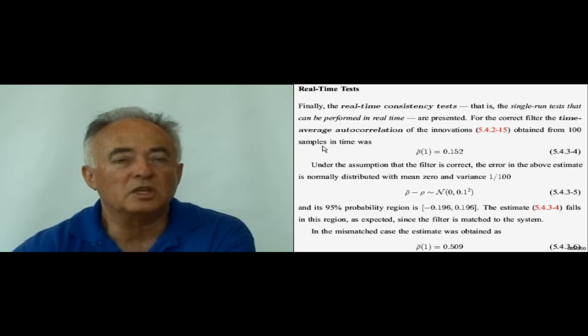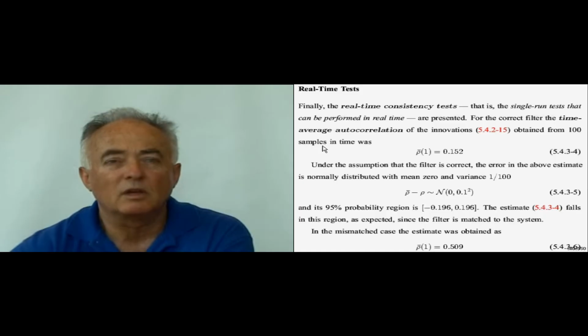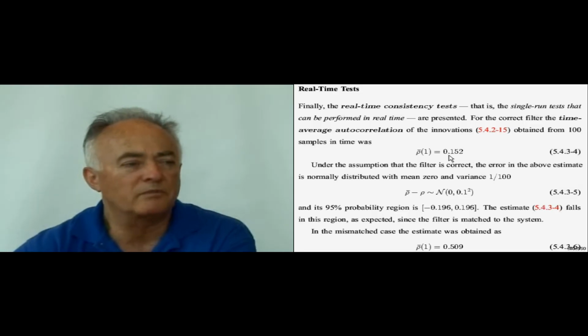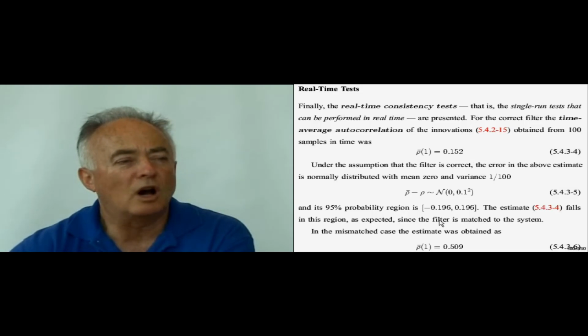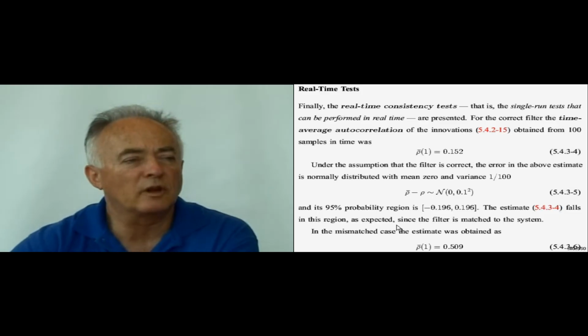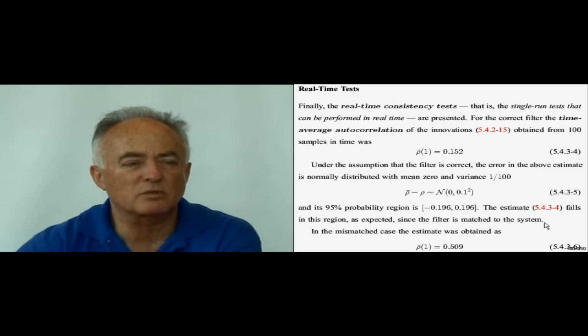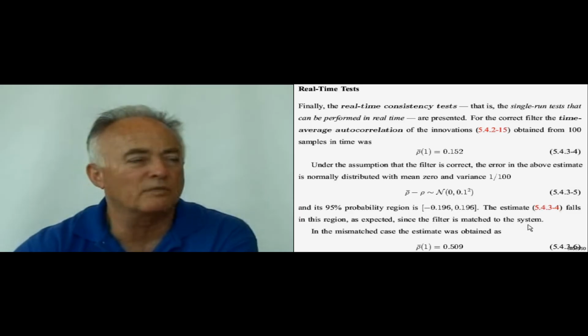The inherent variability is with standard deviation 0.1, therefore this is within the inherent variability. So our conclusion is the filter is matched to the system, so we confirm what we already knew.